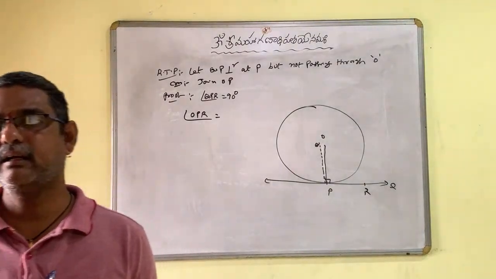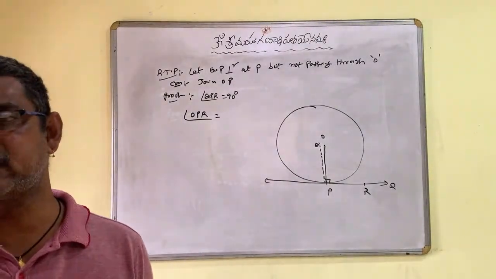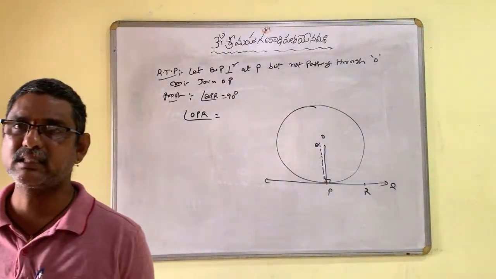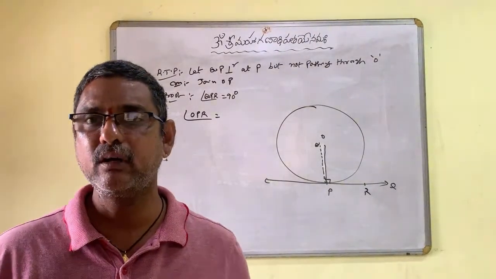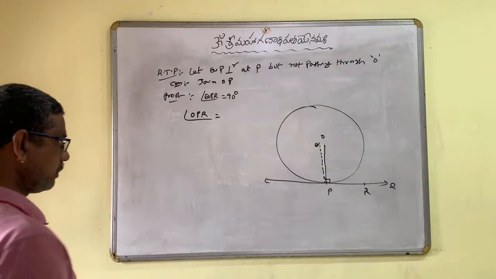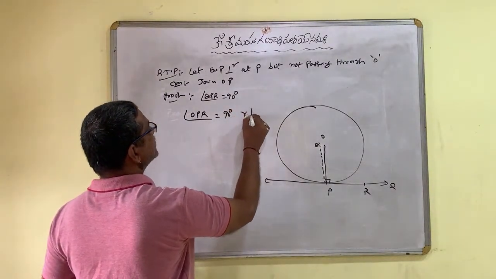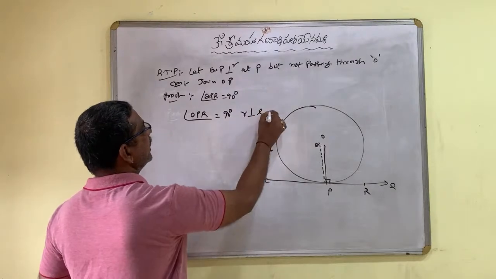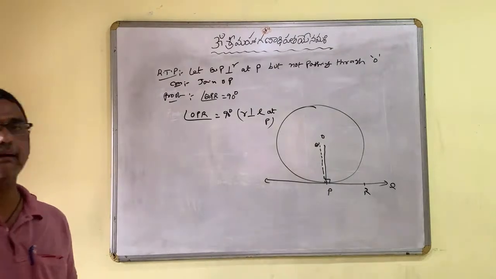Right. OP is the radius, and the radius is perpendicular to the tangent at the point of contact. Radius is perpendicular to L at P. This is the reason.